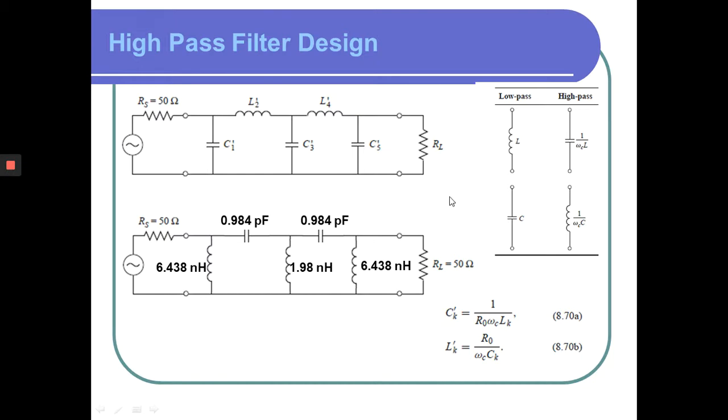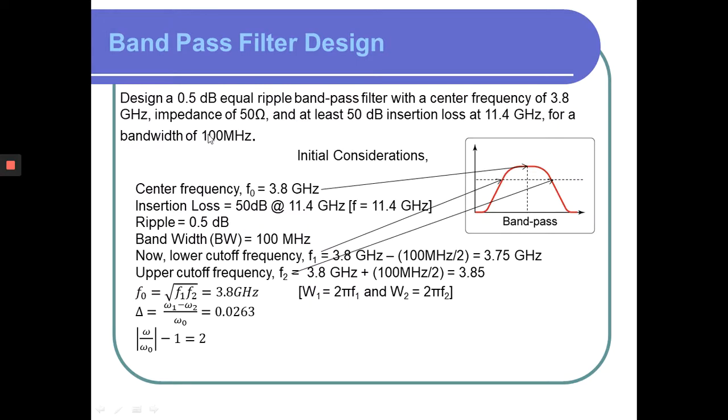So we will move on to the bandpass filter. It's not so difficult, but the steps are a little bit more than high pass and low pass. As usual, it's given that we have to design a 0.5 dB equal ripple bandpass filter.